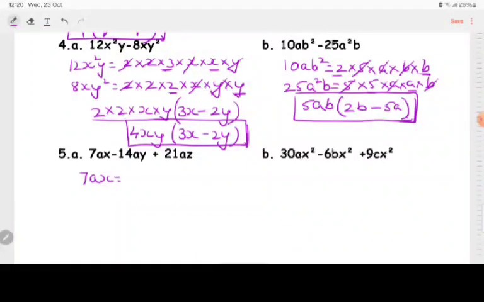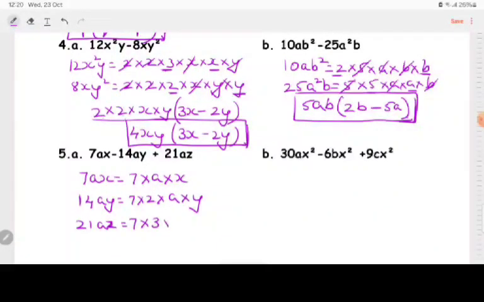Seven AX is equal to 7 into A into X. 14AY is equal to 7 into 2 into A into Y. 21AZ, that's A Z, is 7 into 3 into A into Z. So obviously we have this 7 in common, we have A in common.